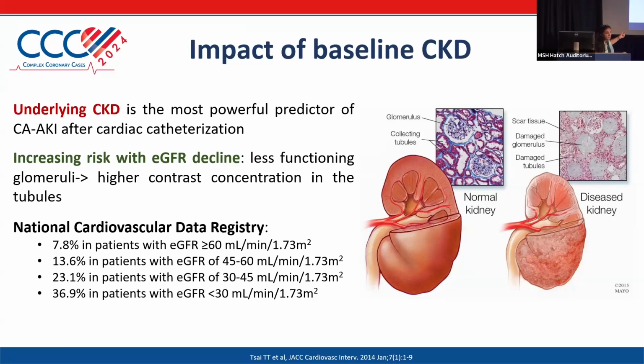It's the most powerful predictor of AKI. And it increases with the decline of estimated glomerular filtration rate. And as we showed you already, it goes up. As you decrease the renal function, you can have as high as 37% rate of acute kidney injury.